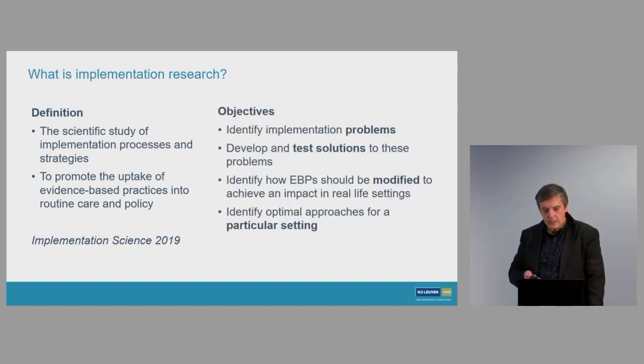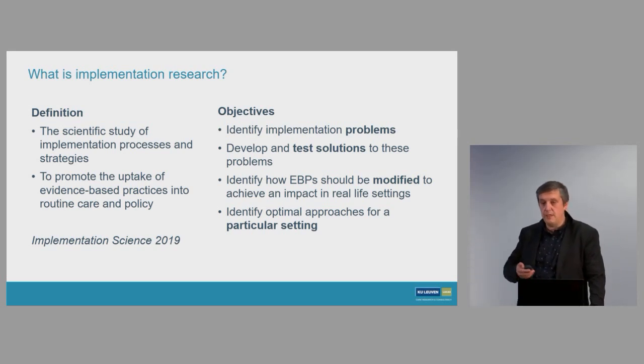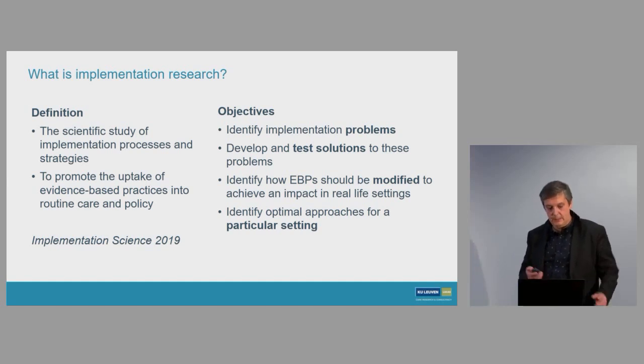The objectives of implementation research are to identify implementation problems, to develop and test new solutions to these problems, and also to identify how these evidence-based practices should be modified to achieve an impact in real-life settings, and also to identify optimal approaches for a particular setting.